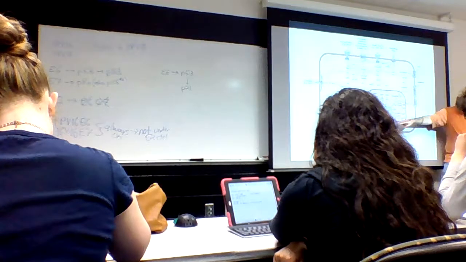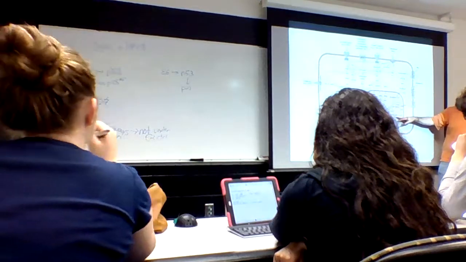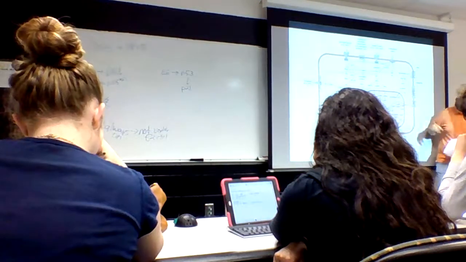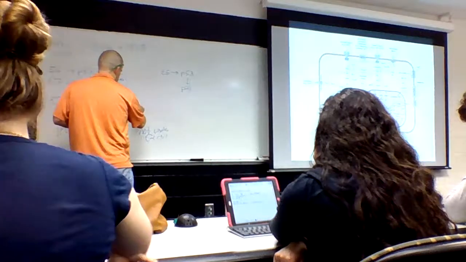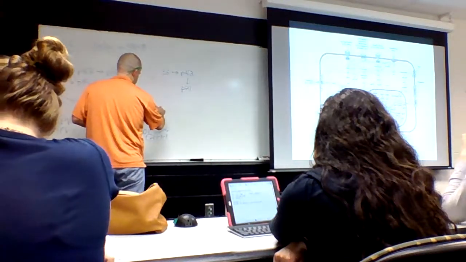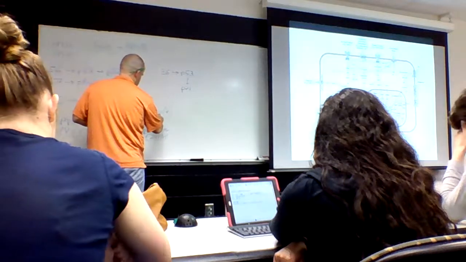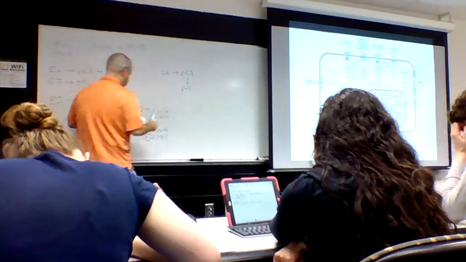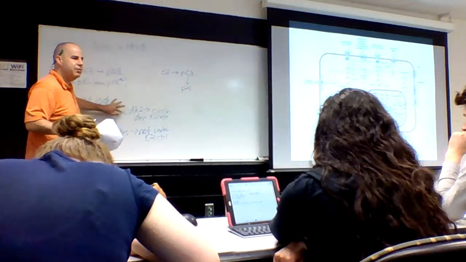So P53 activates P21, which shuts down CDK2. So CDK2, cyclin-dependent kinase. CDK2 is active when the cell cycle is moving into S phase.